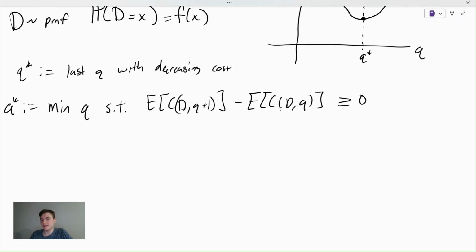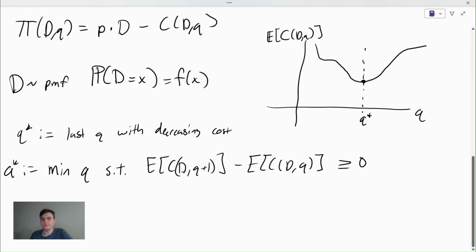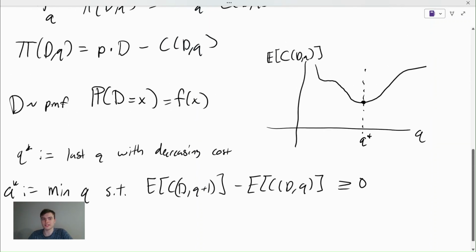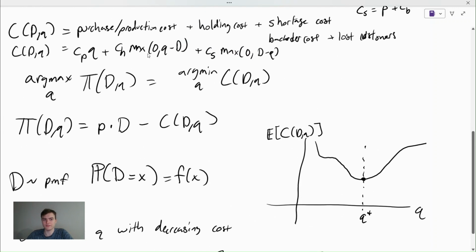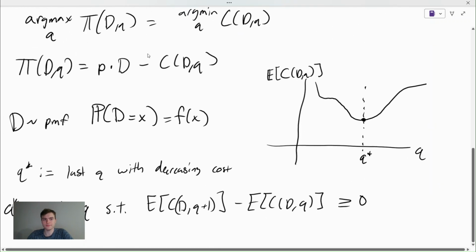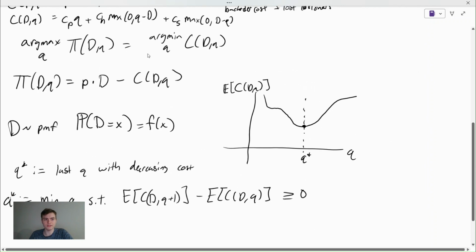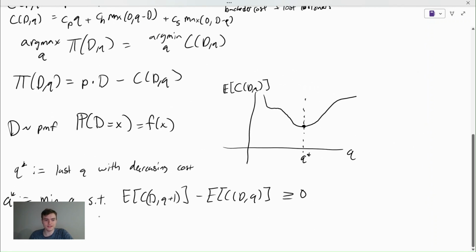We're going to minimize this, but then we can simplify this to get a nicer expression, because we have this equation for C. So if we look at taking this C of dq, let's just rewrite it.